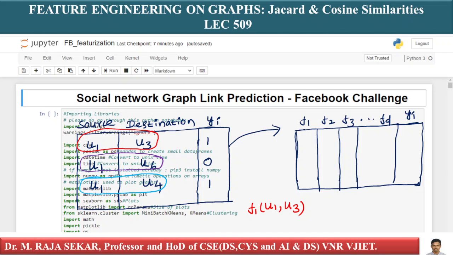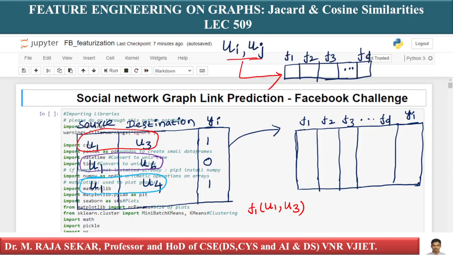So what you are trying to convert is a given pair of source vertex and destination vertex. We will come up with multiple featurizations in this section of the chapter. Of course, we will come up with sensible featurizations. These featurizations are graph theoretical or graph based. We will also learn some non-graph based ones. So in a nutshell, we are trying to convert this pair of vertices into some numerical or categorical or binary features, isn't it?